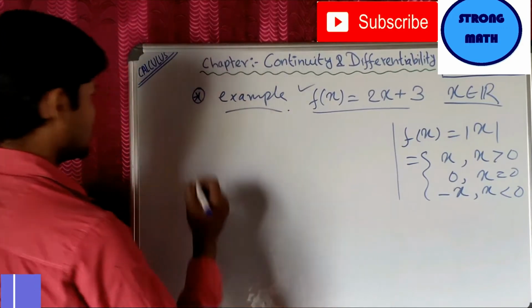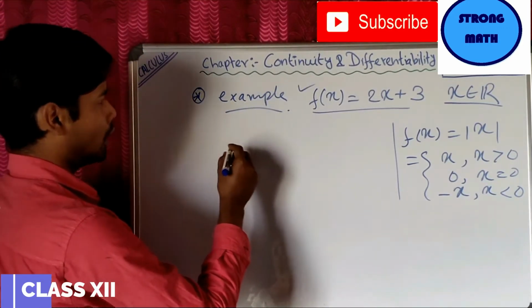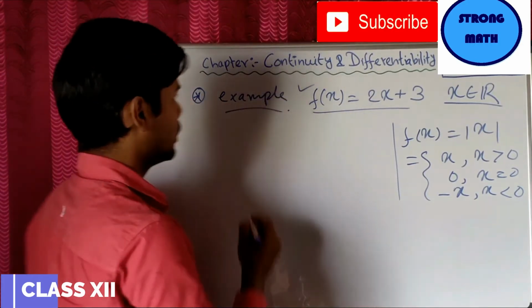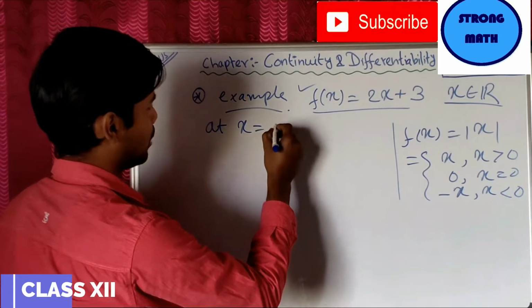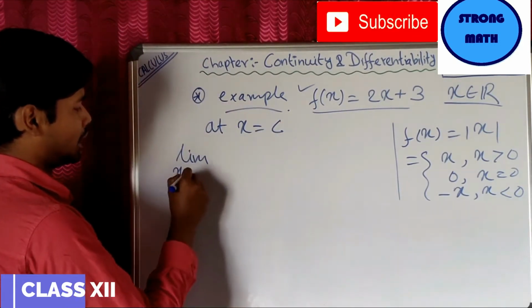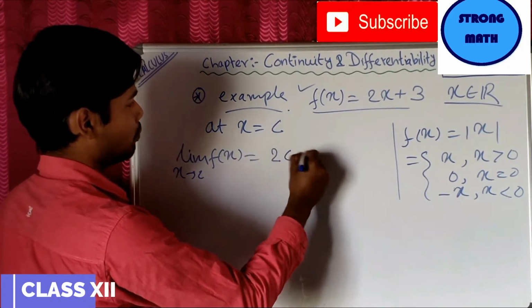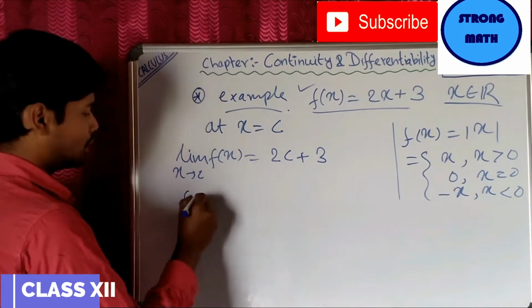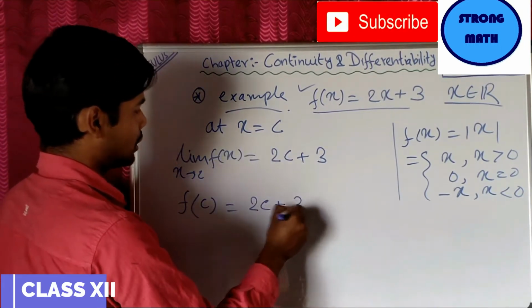So here we only calculate the limiting value and the functional value. Suppose we have to check the continuity at x equals some point c, then calculate the limiting value. Limit x tends to c of f(x) is equal to 2c plus 3. Now the functional value at the point c, f(c), is also 2c plus 3.